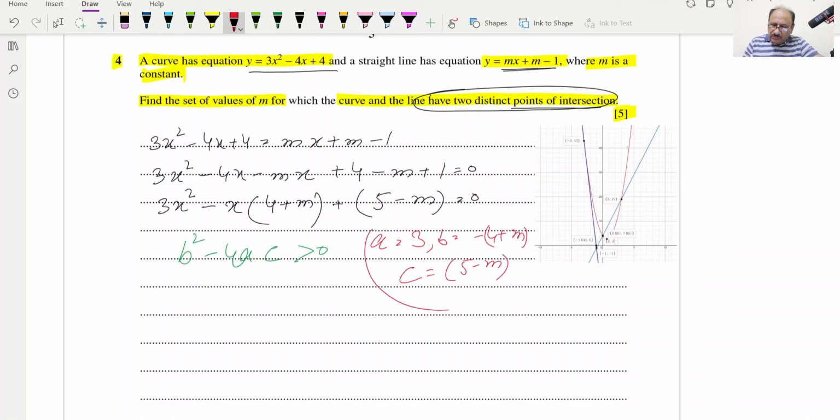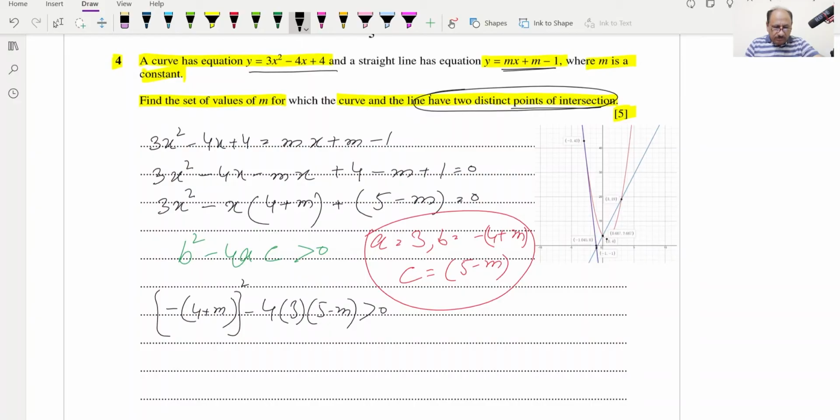So these values we utilize in the discriminant: b² is (4 + m) squared, minus 4 times a which is 3, times c which is 5 − m, and we take it greater than 0.